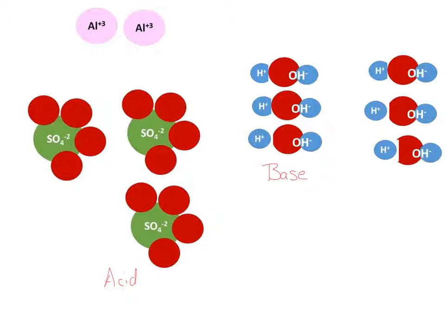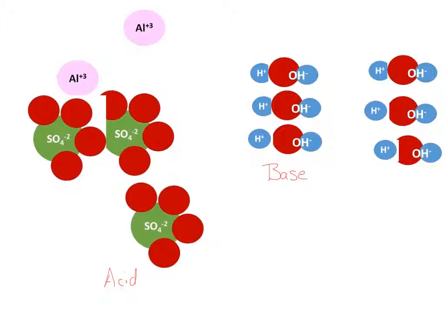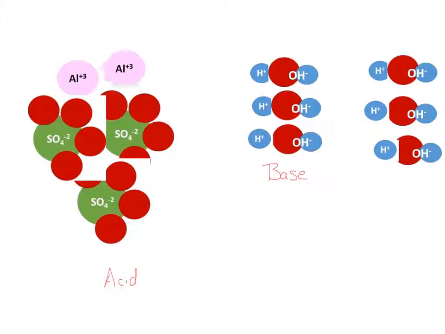So that would look something where they're all connected to each other, which is actually really hard to see in this, but this entire molecule makes up Al2(SO4)3, which is our salt.